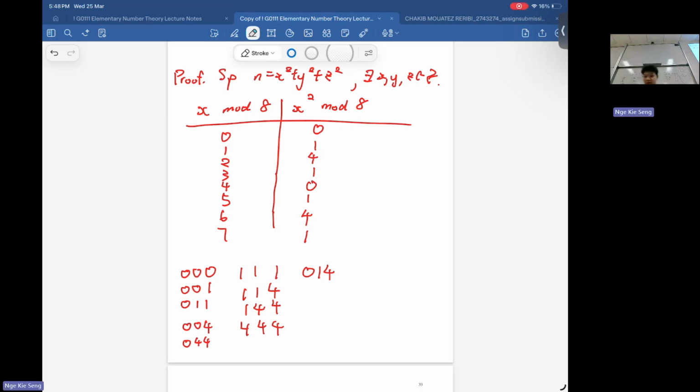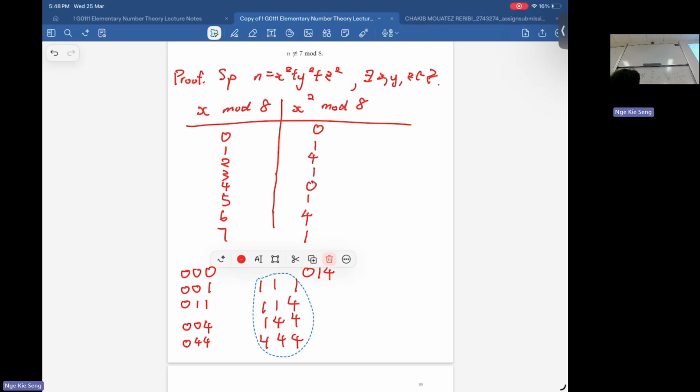Okay, so can you sum all of these? For all these possibilities, what's the sum you can get?